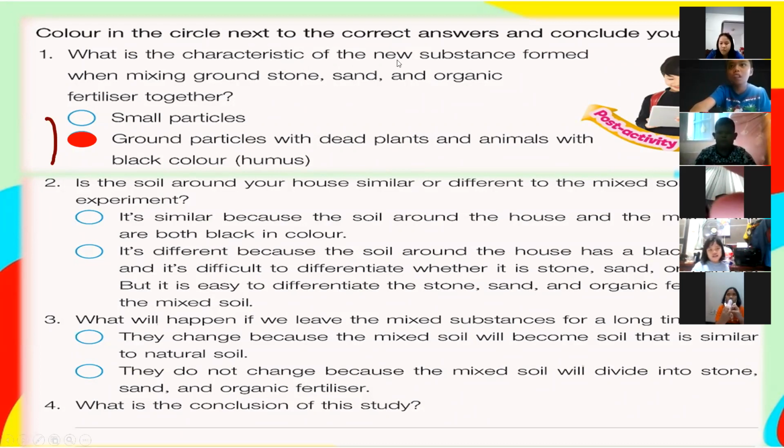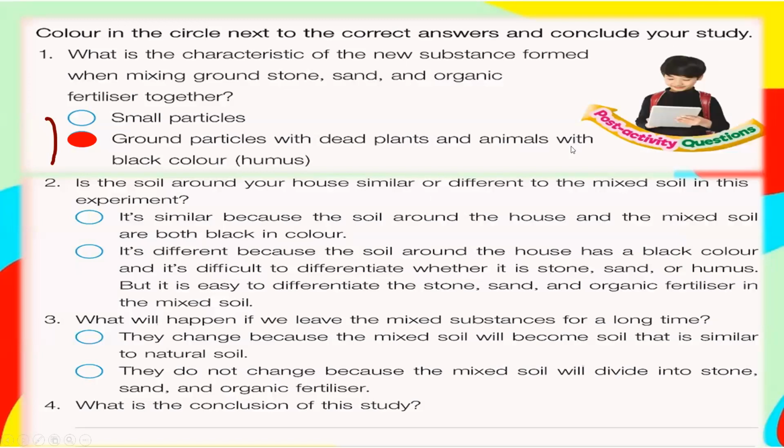Okay, now number 2. Is the soil around your house similar or different to the mixed soil in this experiment? Number 1, it's similar because the soil around the house and the mixed soil are both black in color.